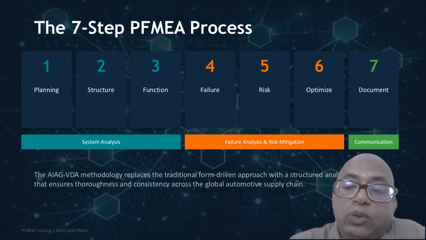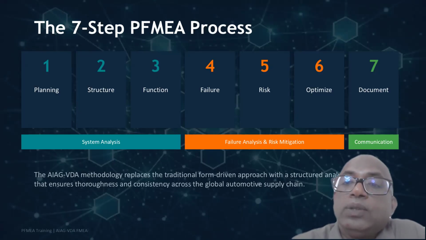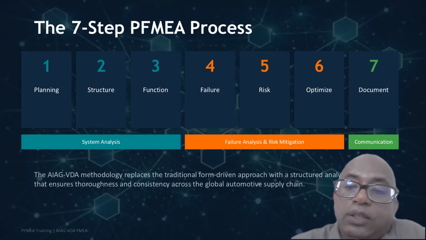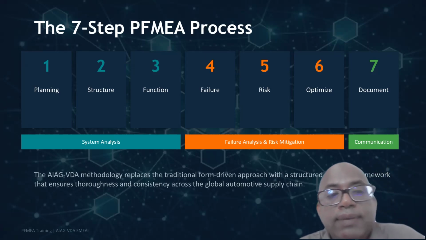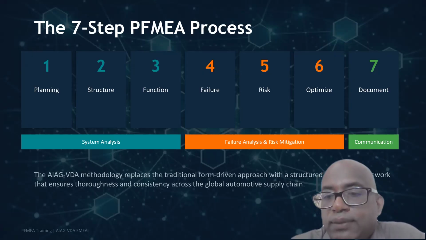Then failures. We have to find the failure modes. Then next is the risk analysis. Then optimization, which I explained. If you identify a particular risk, there should be a particular cause and a particular effect. Based on that, you have to take action to minimize the risk. And finally, the documentation part. This is the AIAG VDA approach, the 7-step approach, right?